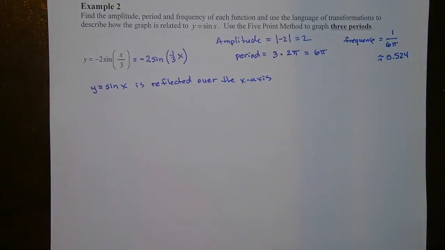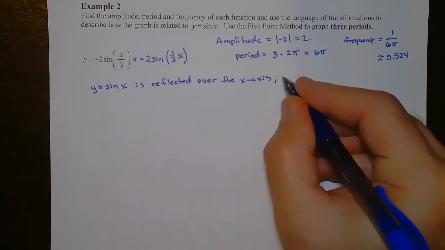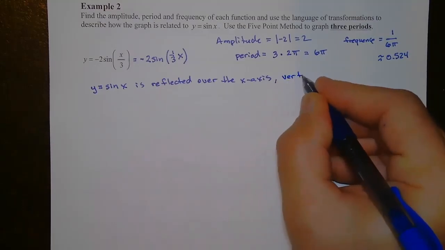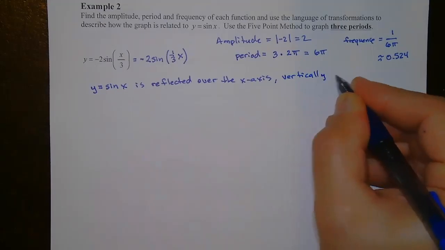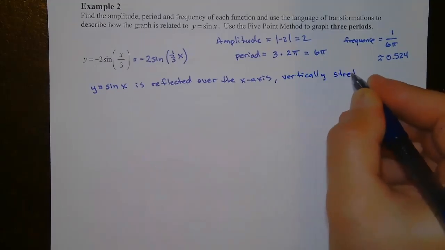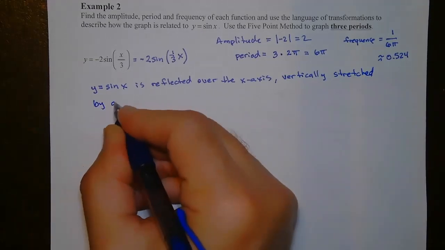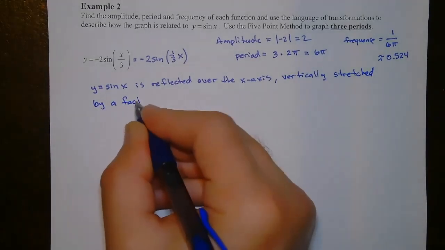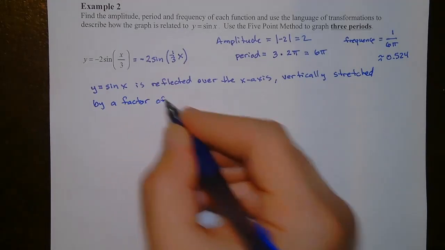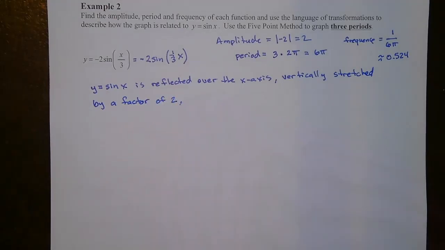Now the 2 is the vertical stretch. So it's reflected over the x-axis, comma, vertically stretched by a factor of 2. And then what is done horizontally? We always have to say it in terms of the reciprocal of b. The reciprocal of b again is 3.